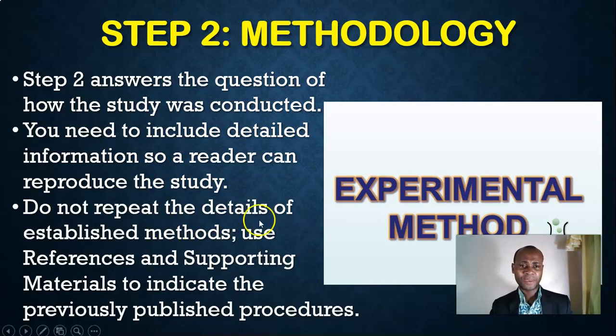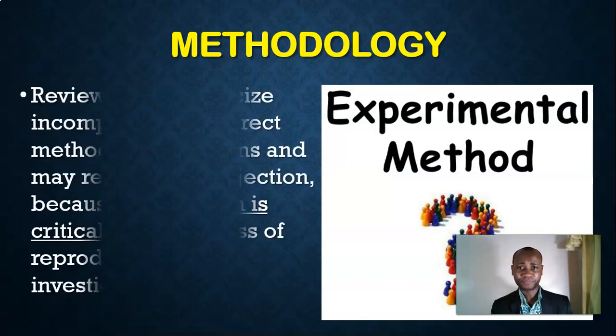Do not repeat the details of established methods. Use references and supporting materials to indicate previously established procedures. If you adapt a methodology, make sure you include the references. That's very important.